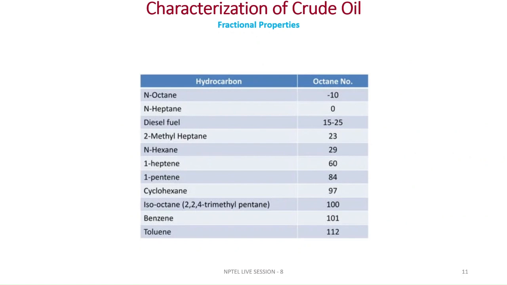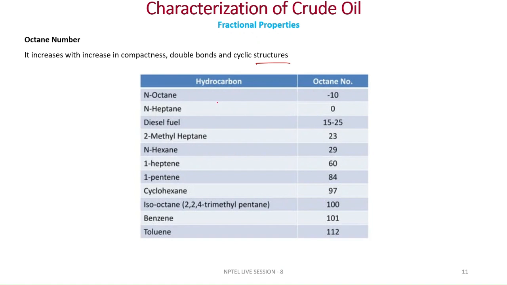So you can see that octane number increases with increase in the compactness, double bonds and cyclic structure of the compound. So these are some examples. In octane, it is negative 10 octane number. In heptane, I already told you, it is 0.